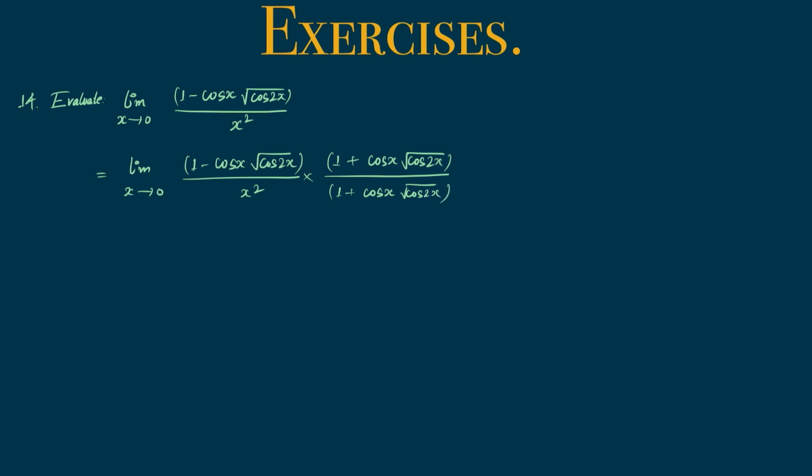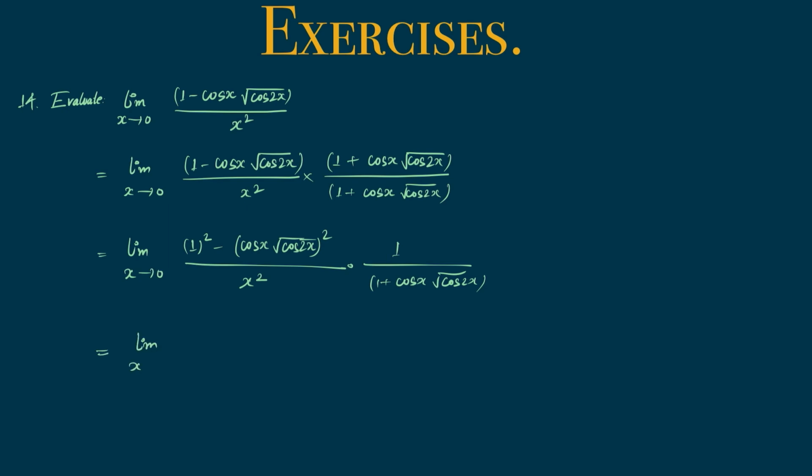Now since this is in the form of a minus b into a plus b, it is a square minus b square. So it will be limit x tends to 0 of 1 square minus cos of x into cos of 2x whole square by x square into, let me write this separately only, 1 plus cos of x into cos of 2x.